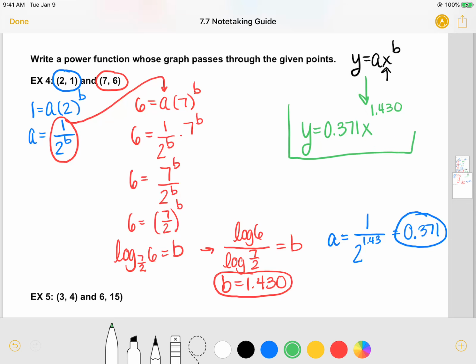Okay, so that is our final answer. That is the equation that models a function that's going to go through the points (2, 1) and (7, 6).